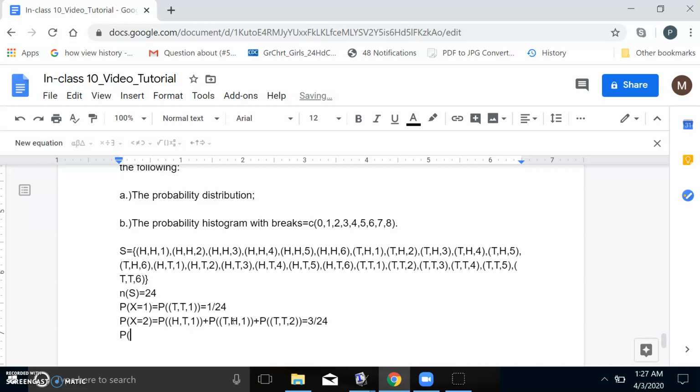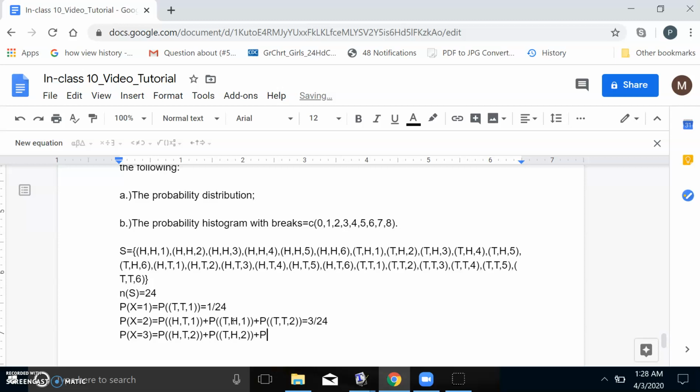Moving on to the next one, x equals 3. I could get, say, a head, so that's a 1, and a tail, so I need to get 2 then. Or I could get a tail and a head, so that's 1 right now, and a 2, which adds up to 3.